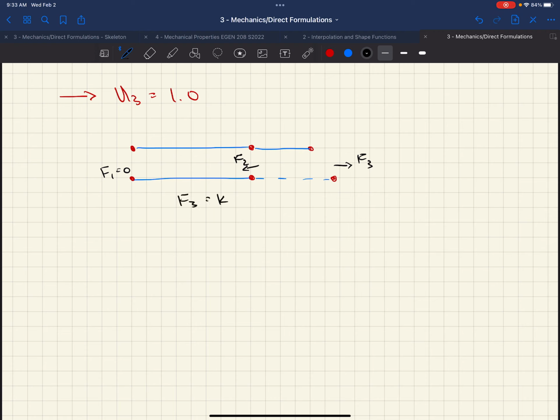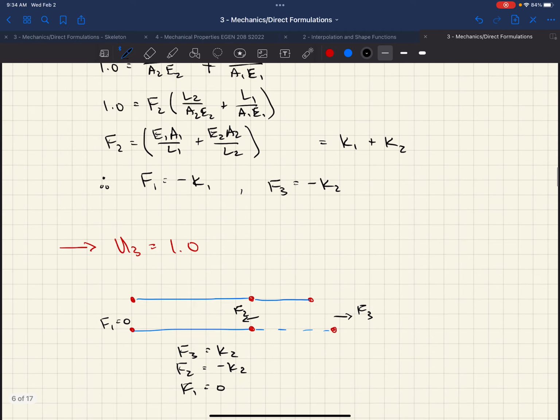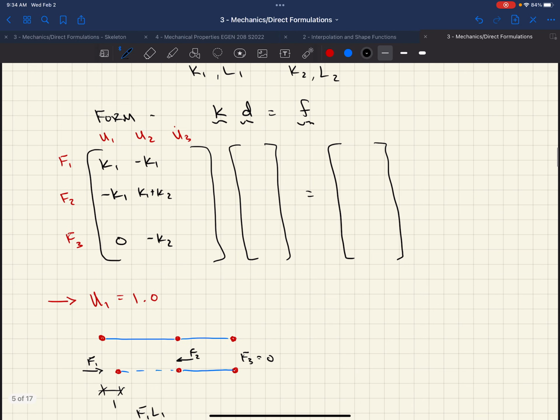Same derivation, we end up with F3 equals K2, F2 equals negative K2, and F1 equals 0. So 0, negative K2, K2. This is U1, U2, U3. This is F1, F2, and F3.